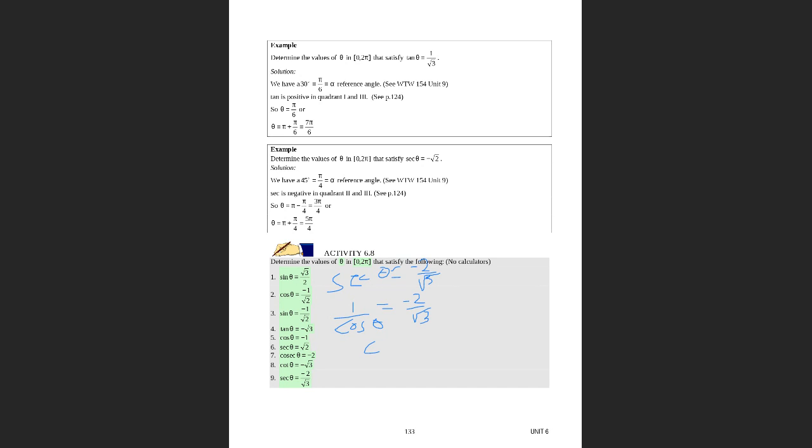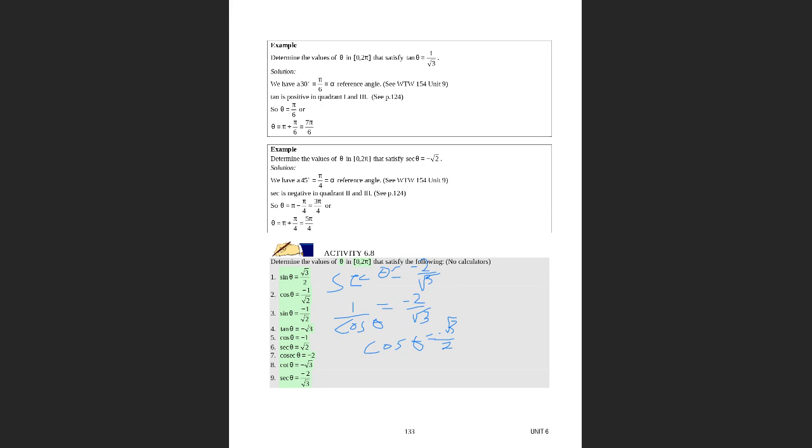Then cos theta is negative root 3 over 2.